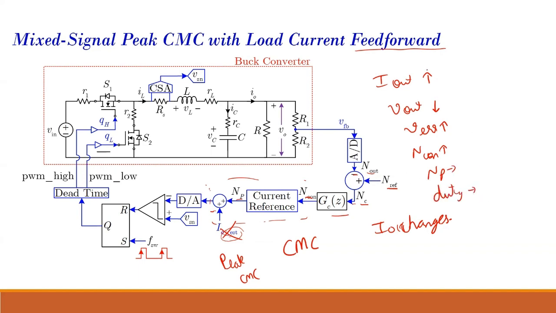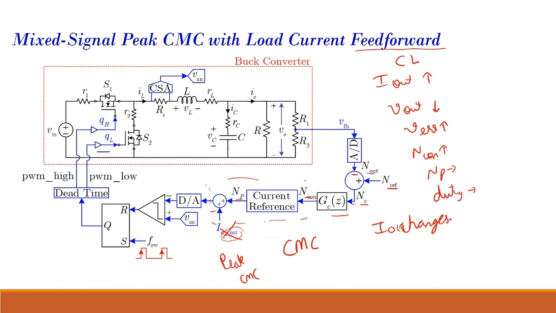This is how closed loop control works. When there's a sudden increase in output current, your output voltage will start falling. The error will increase, and the controller will increase the control signal. That control signal will increase the reference current, and that will effectively increase your duty ratio. This is the concept of closed loop control.